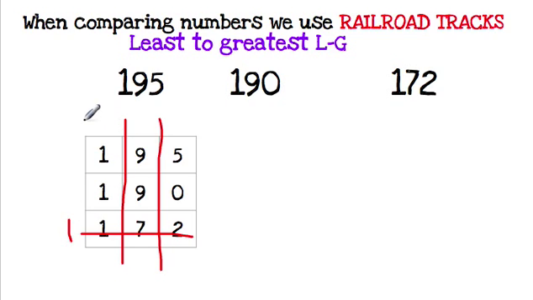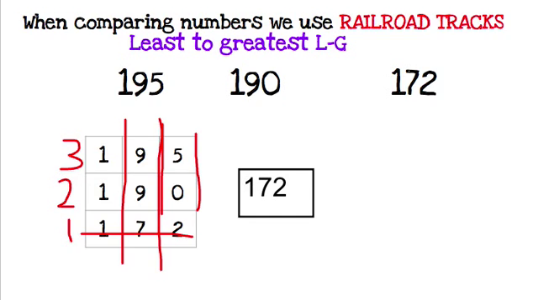I go back to the beginning and I see 1s, so I have to go next door. And I have 9s, I have to keep going. 5 and 0, and I have to remember I'm looking for the least, so which one's the smallest? 0 is the smallest, then 5. Now I take my number 1, and I write 172.